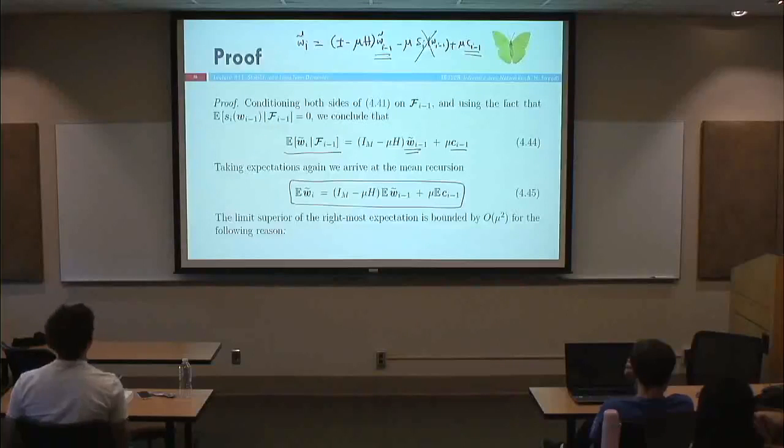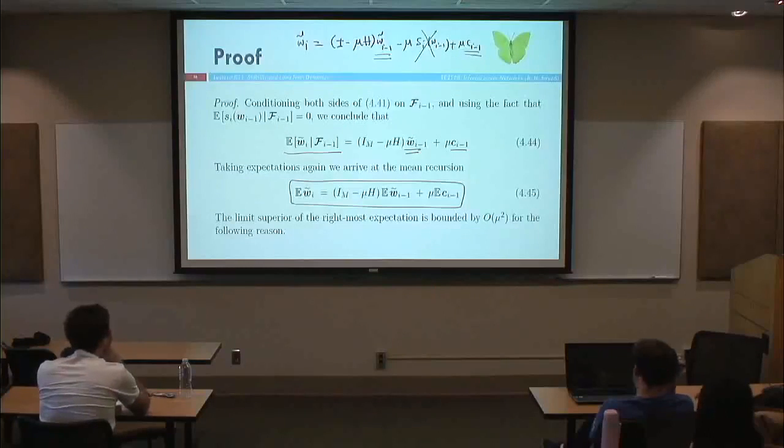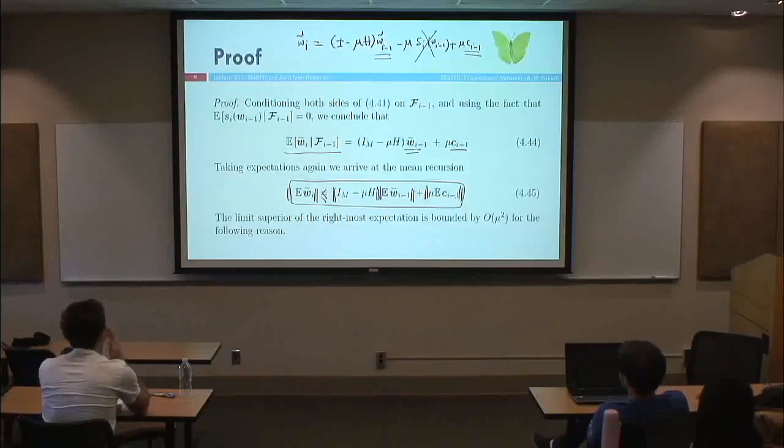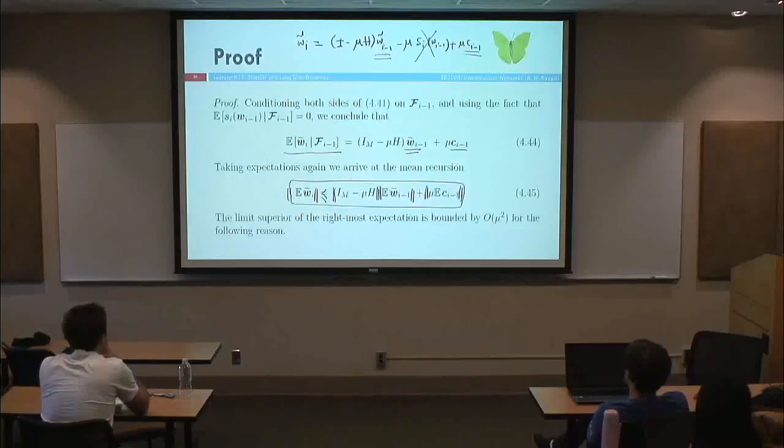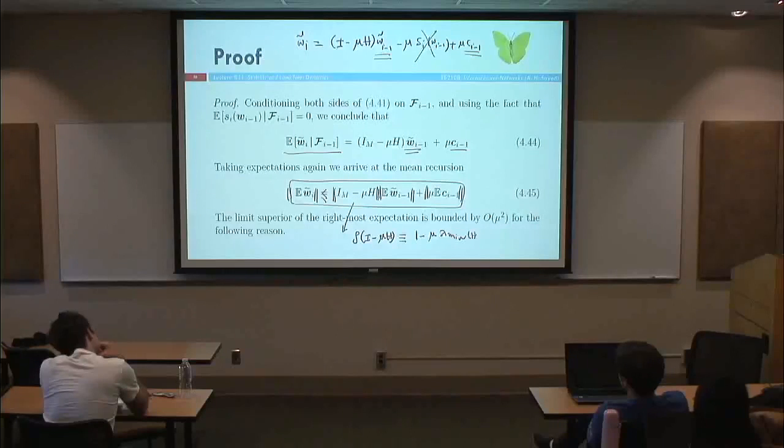Now take the limsup of both sides, okay, or before the limsup, let's take the norm, compute the norm here. It's upper bounded by this norm, that norm, right? Okay, now take the limsup, or, okay. Sorry, again, before that, the norm of I minus mu H, because this is a symmetric matrix, this is rho of I minus mu H, right? And for mu very small, this is 1 minus mu lambda min of H, right? When mu is very small, right? Okay, so here it is.